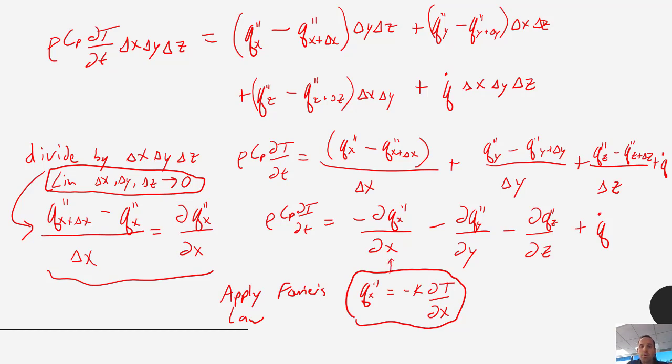So we're going to go ahead and do that now. Wherever there's this qx double prime, we substitute in minus k dT/dx. As we do that, what we get is rho Cp times the partial of temperature with respect to time is equal to the derivative with respect to x of this quantity, which is k times dT/dx.